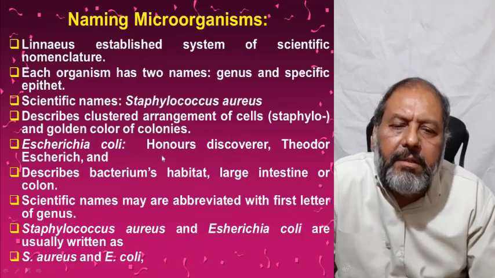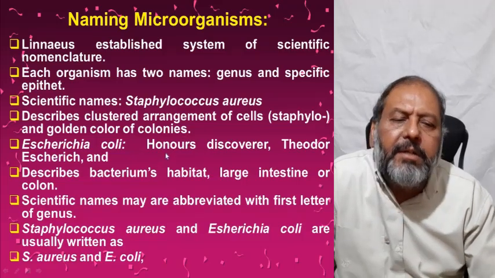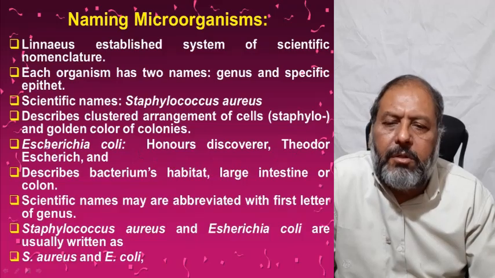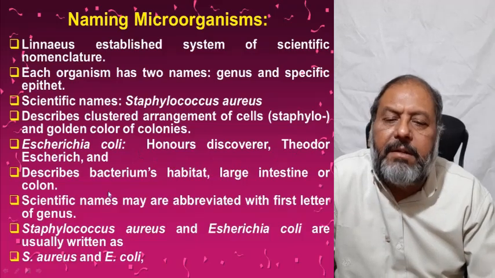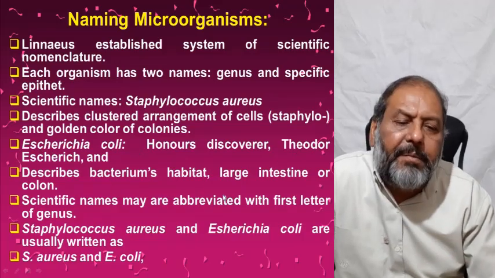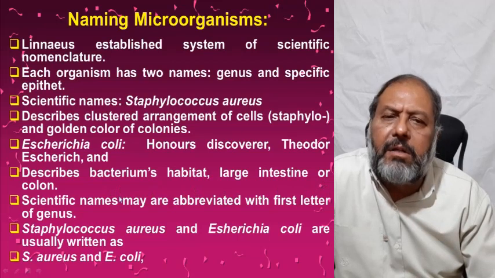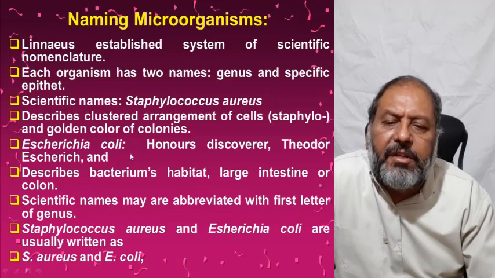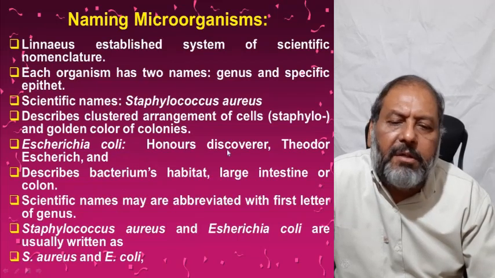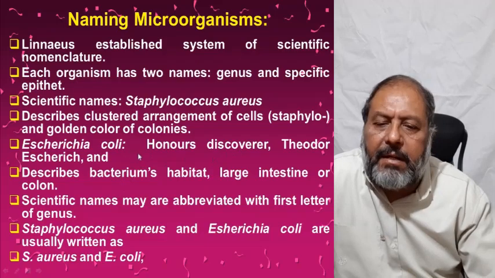Similarly, Escherichia coli honors the discoverer Theodor Escherich and describes the bacterium's habitat, the large intestine or the colon. So Escherichia coli carries the name of the discoverer plus the habitat.